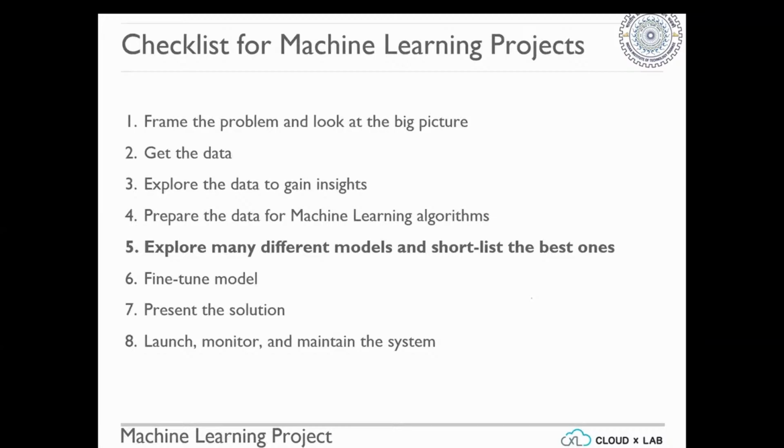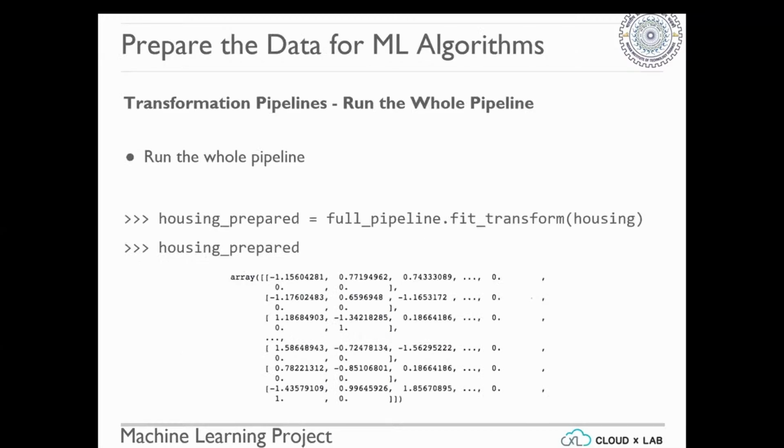Okay, so we will use different models, and we will use cross validation to pick the best model, right? So we have our data, our processed data. We will use this processed data to train multiple models, right?